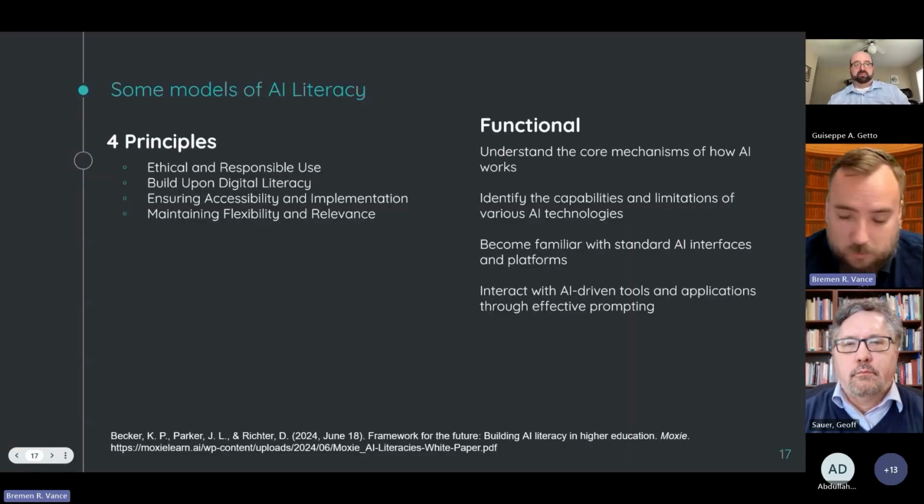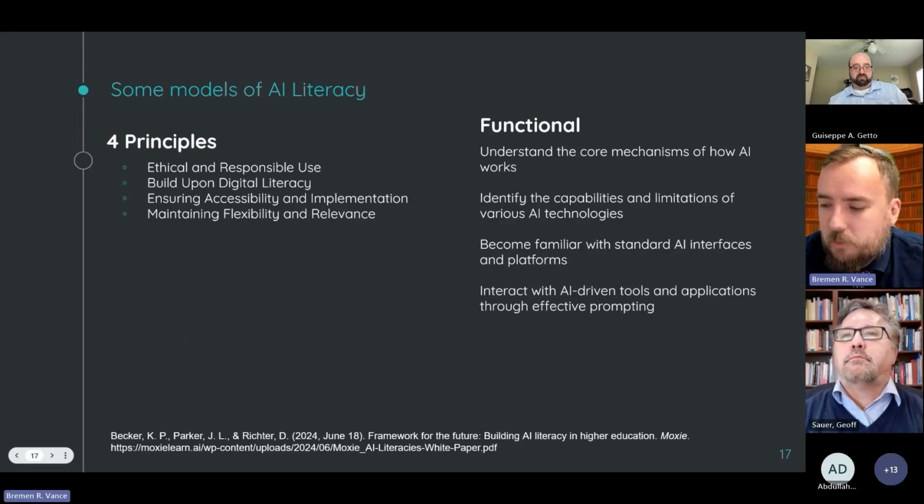And then one more plug, since I think Stuart Selber may be in the room. He's certainly been in some of the rooms. This model actually draws on his multiliteracies book, and the focus on functional here is where we come back in. Becker et al., just last year, put forward their framework.